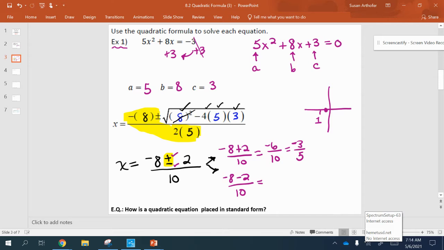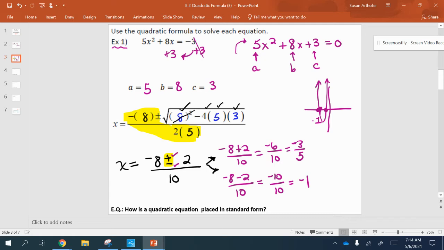The next one is negative 8 minus 2, that's negative 10 over 10, which reduces to negative 1. And there would be our other x-intercept for our graph. Now, does this graph open up or down? Remember, you can look right here. If it's a positive lead, it opens up. So this is a very narrow graph.